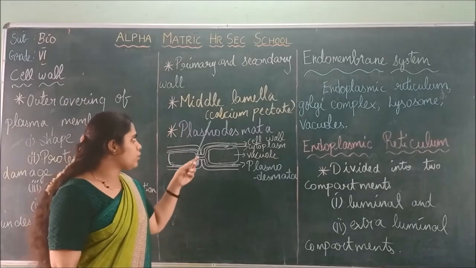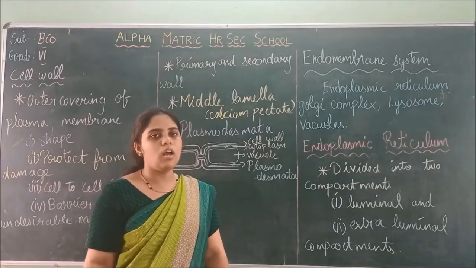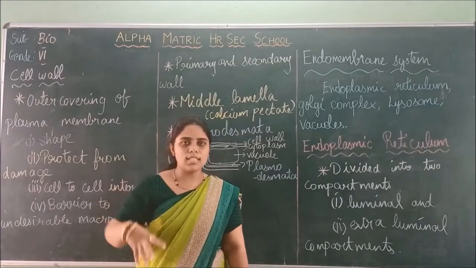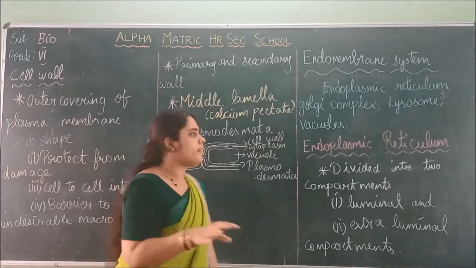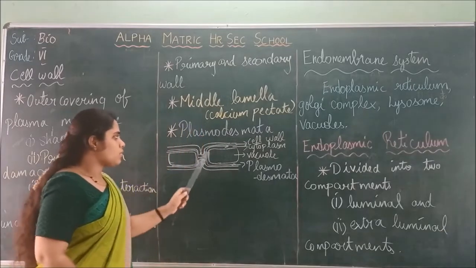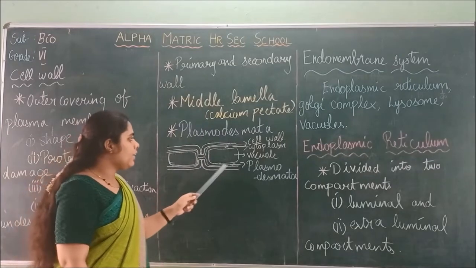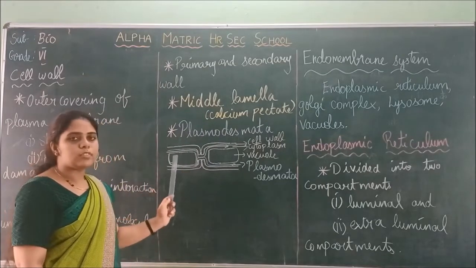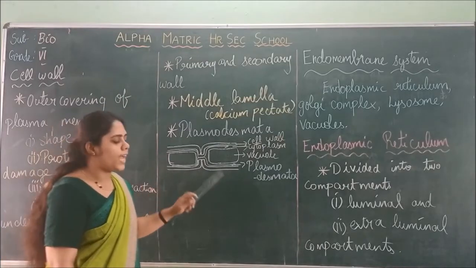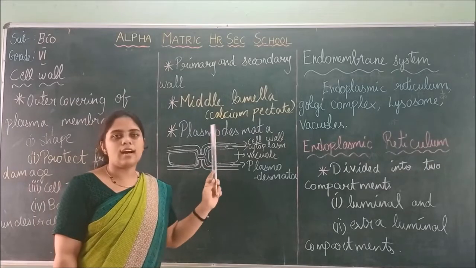Due to the presence of the middle lamella and the cell wall, the cytoplasm of one cell and the cytoplasm of another cell get connected like this. This attachment of the cytoplasm of one cell to another is called plasmodesmata.